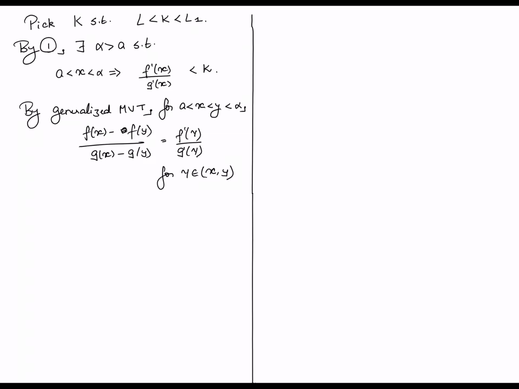Okay, but since gamma lies between x and y, it follows that the ratio f prime gamma by g prime gamma must also be less than k by the statement just above. Right. So therefore, what we learn is that for a less than x less than y less than alpha, it is true that f of x minus f of y upon g of x minus g of y is in fact less than k. Okay, so let's call this statement 5.